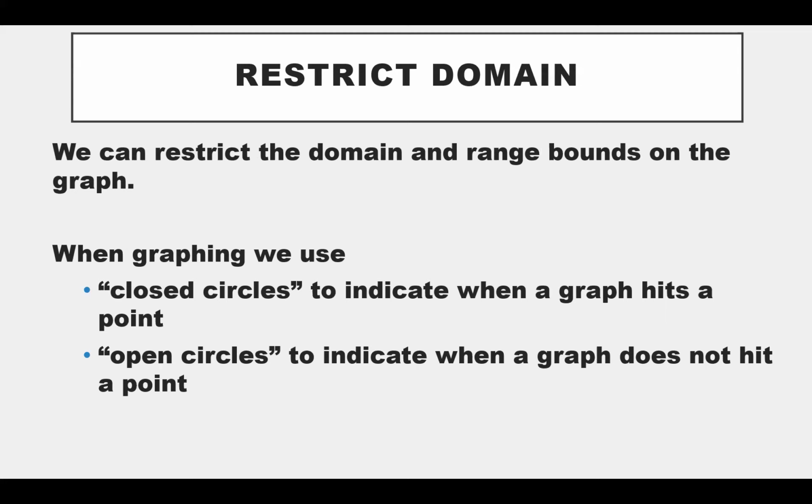Closed circles indicate where a graph hits a point. Open circles indicate where a graph does not hit a point. So if I look at a graph with a restricted domain, a restricted range, I should be able to visually see these closed circles, these open circles, and determine what the domain and range of that graph was.